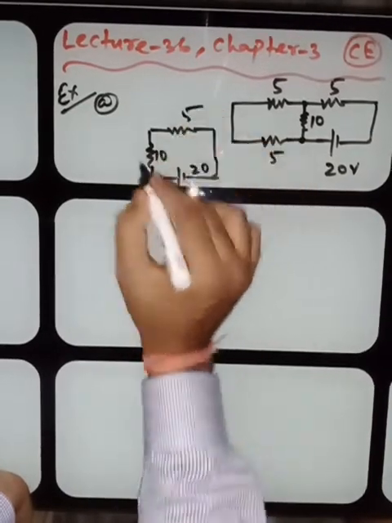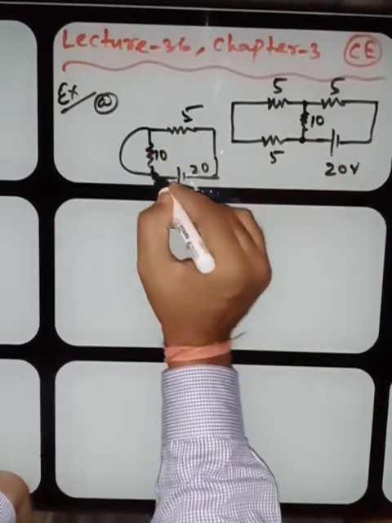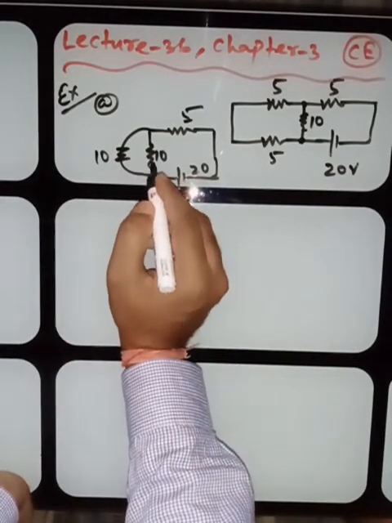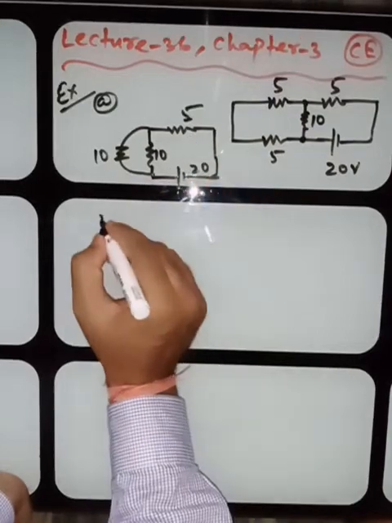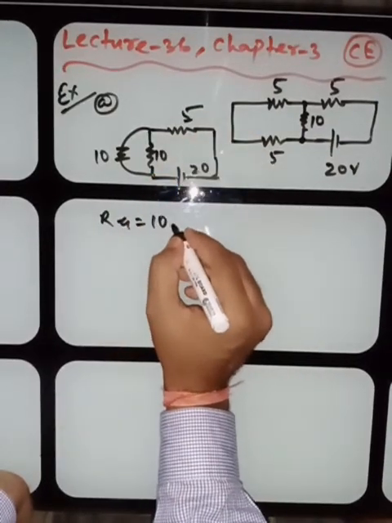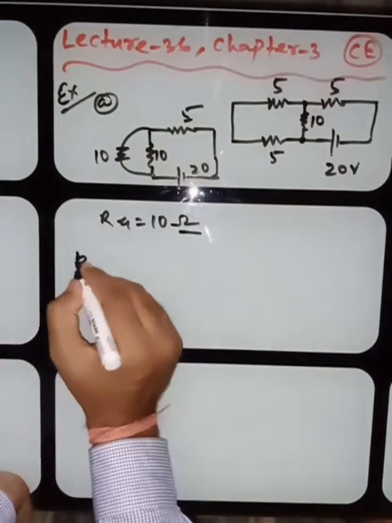Here the 5 ohm and this 10 ohm, and these two become a resistor of 10 ohm. Now this 10 and 10 will be 5, and this 5 is already connected, so R equivalent is 5 plus 5, which is 10 ohm. So the first answer, the total resistance, is 10 ohm.